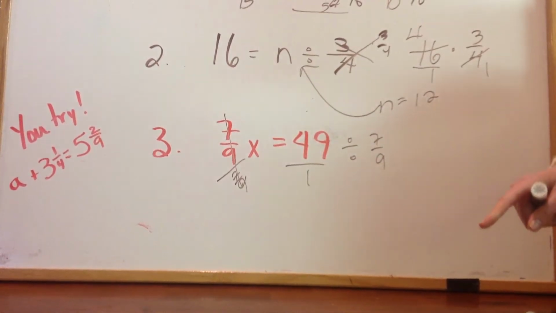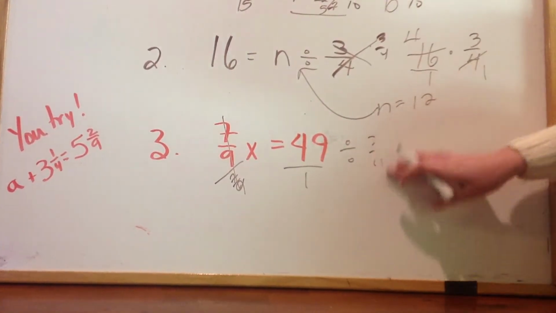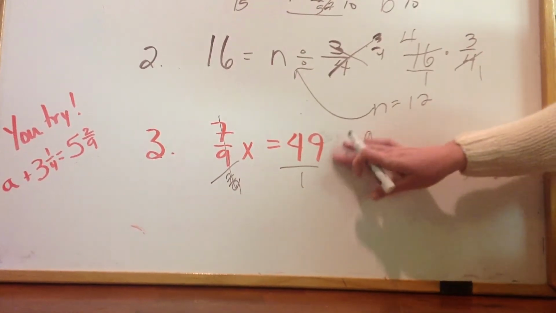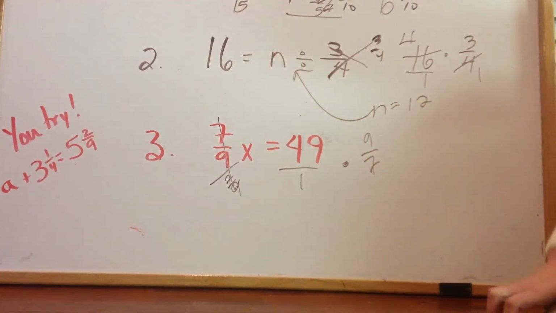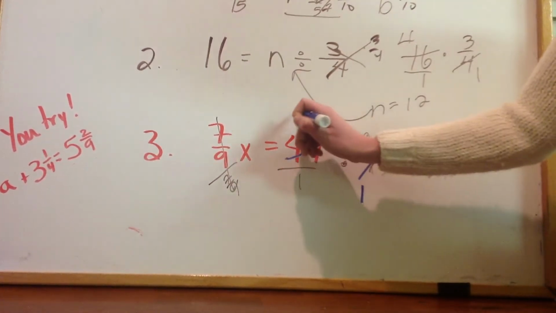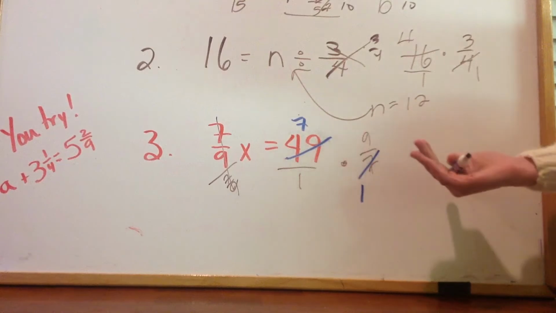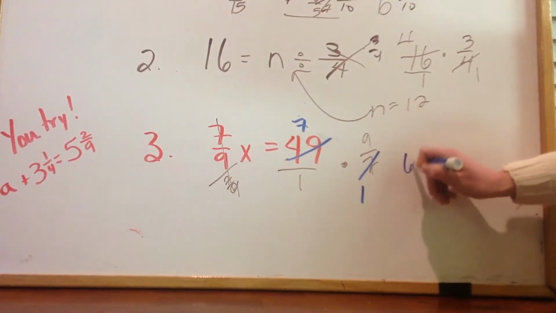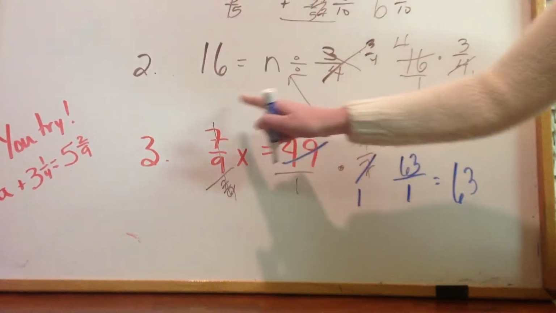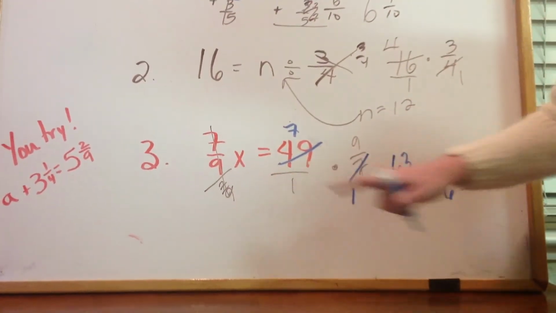We need to do the reciprocal. Very good. These are big kid words. We do 9 over 7. We're going to change our division to multiplication. Can we cross cancel? We sure can. 7 goes into 7 one time, and 7 goes into 49 7 times. We multiply straight across. 7 times 9 is 63. 1 times 1 is 1, which gives us 63. We're saying that x equals 63, and 7/9 of 63 equals 49.